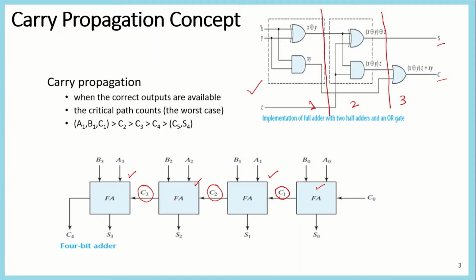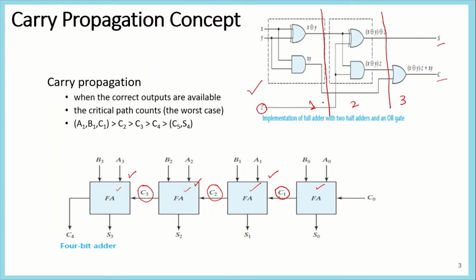Let's say some of the operations could be performed in parallel, because A0, B0, A1, B1, A2, B2 and A3, B3 are all already available. Because the first half adder needs only 2 bits, for all these full adders the first level will be computed.